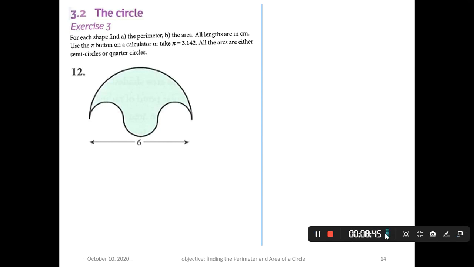When you find the area of the big semicircle and the area of one small semicircle, you're going to subtract the area of 2 small semicircles from the area of the big semicircle, and then you add to all this the area of one small semicircle.